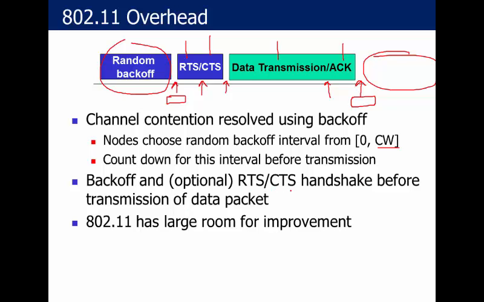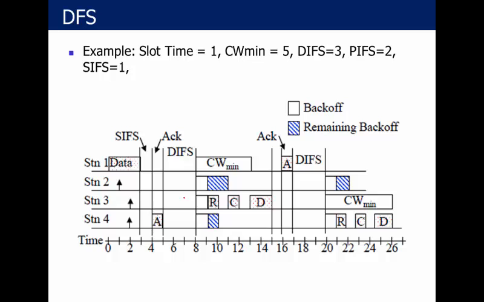Backoff and then the RTS, CTS handshake happen before transmission of data packets, which we already looked at. But this is a very general, primitive, rough idea of the 802.11 protocol. It still needs to improve. A lot of improvement is already done, but it needs to be more.